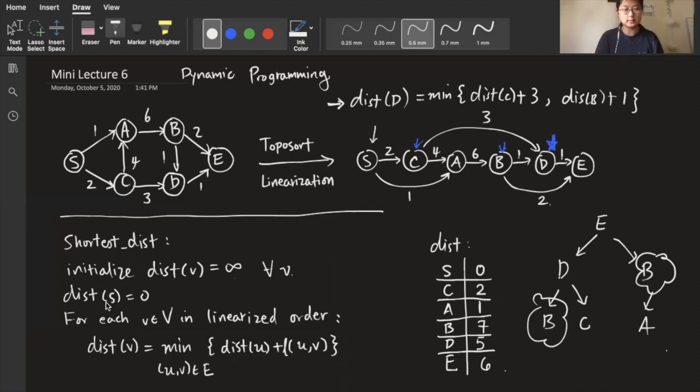And I set the distance to S as 0 because we're starting from S. Then for each node, in linearized order, we calculate the distance as the minimum over all of the possible parents of the distance to the parent, plus the distance from that parent to the node. These are just edge weights. And the reason we can do this very fast is because we're always guaranteed that regardless of what node we're on, every previous node has already been stored in this list.